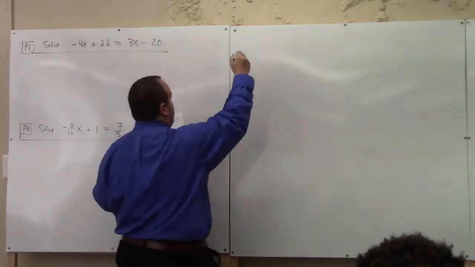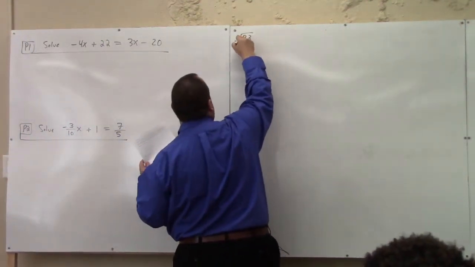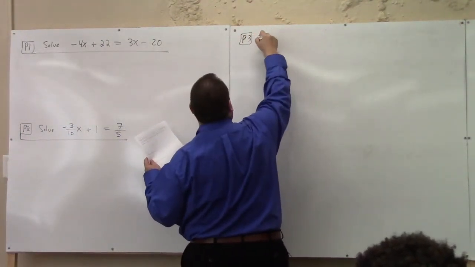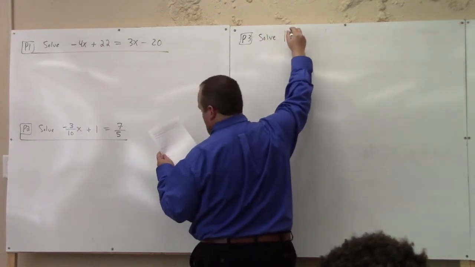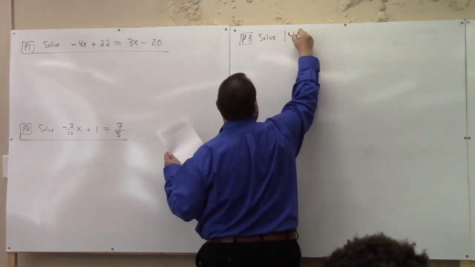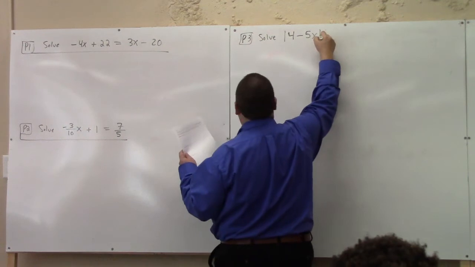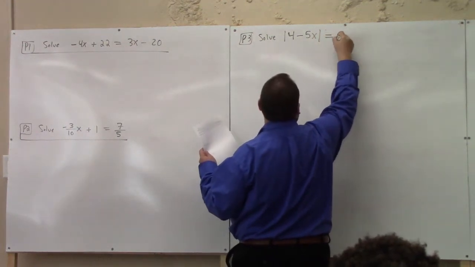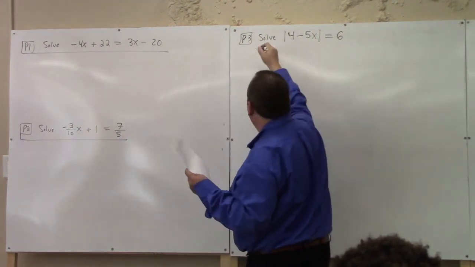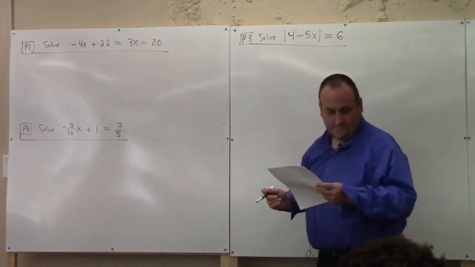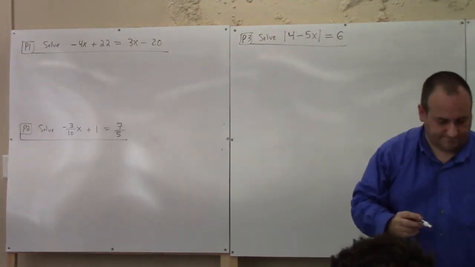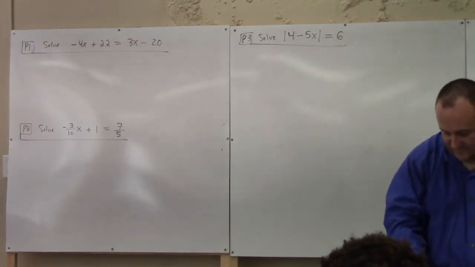And then problem 3 is to solve the absolute value of 4 minus 5x equal to 6. All right. So let's work on them.